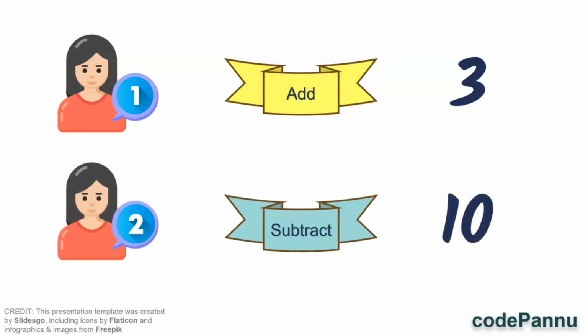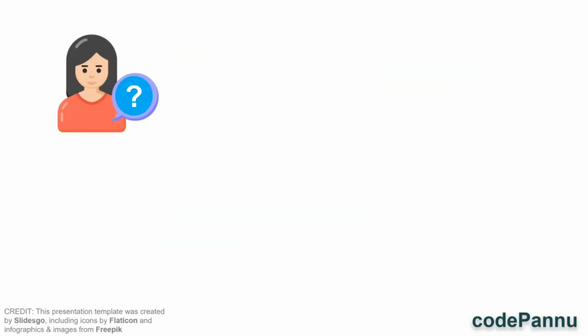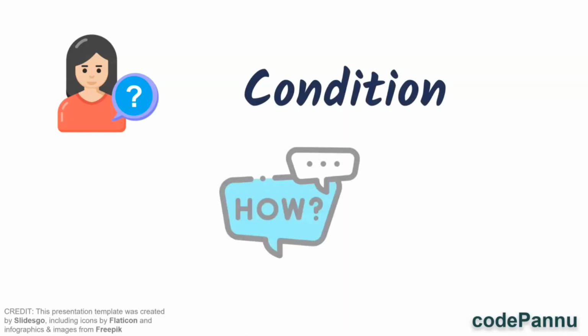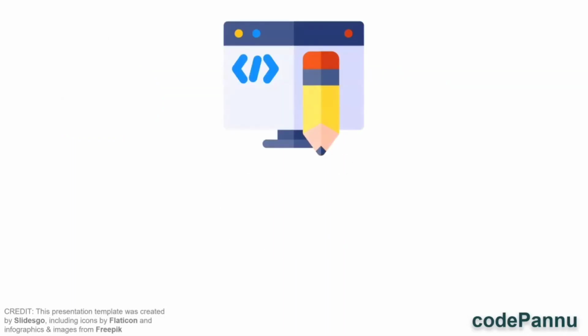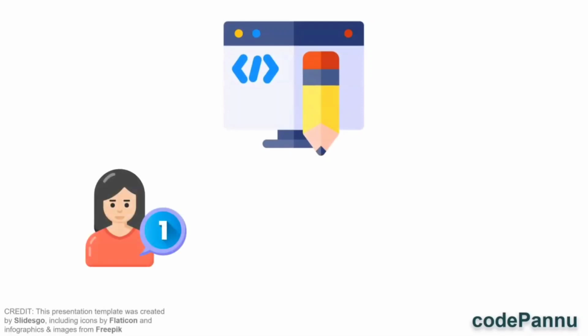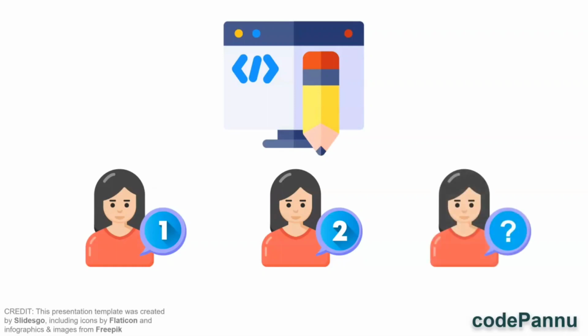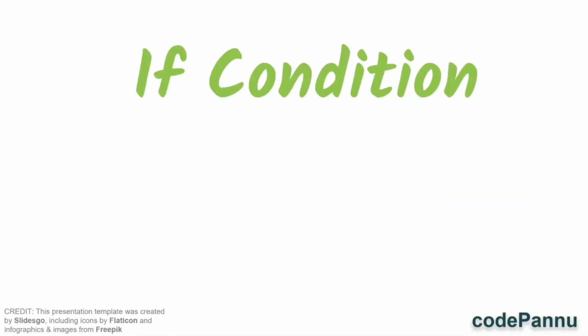But user choice can be any number. So we have to write a condition to check which number it is. How can we do that? We have to write the code to tell what Python should do if user choice is 1 or user choice is 2 or user choice is any other number. How can we write the code for this condition? Whenever we wanted to check a condition, we would use an if condition, isn't it?